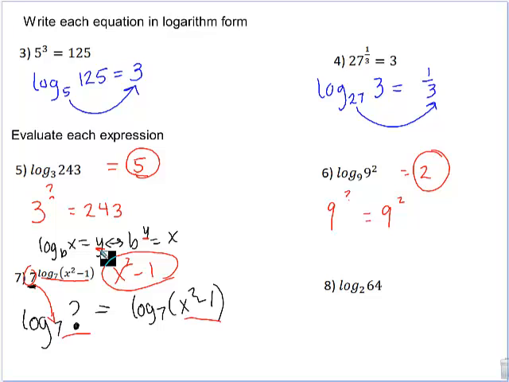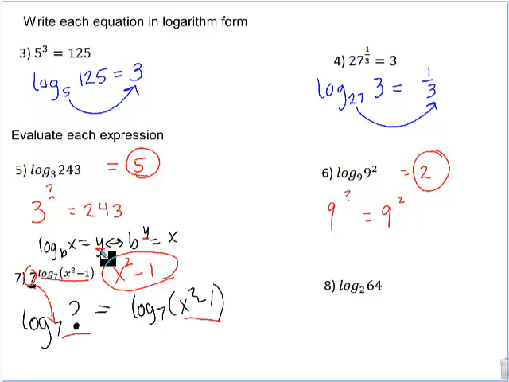Now, do you notice anything about 6 and 7? They both had some exponents in there. Do you notice anything about the base numbers? Here it's a base of 9, and this 9 is also a base. The same. How about for 7? They're both the same. So when those base numbers are the same, what are you noticing about the ultimate exponent? It's in the answer, right? So here, log base 9 of 9 squared just ends up being 2.